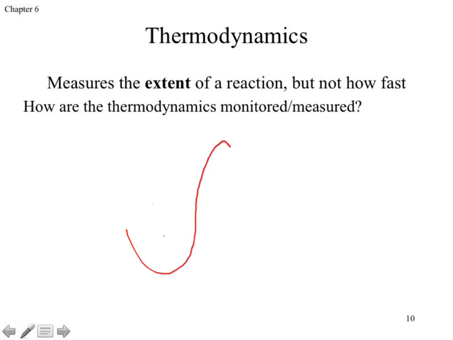Very low activation barrier, but our product energy is very, very high. So we may be able to get there relatively fast, but our product is so shifted to disfavor the product formation that we don't get a very high yield. So the speed of the reaction can help us get there faster, but if we don't produce any products, it's a pretty useless reaction.